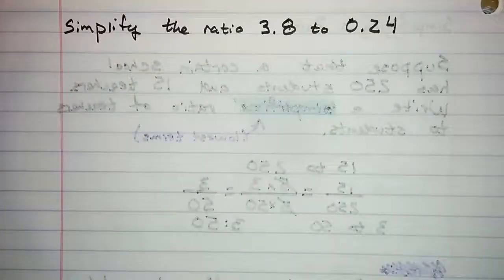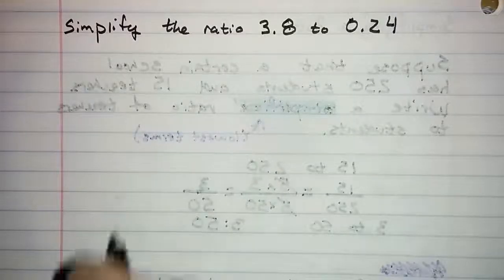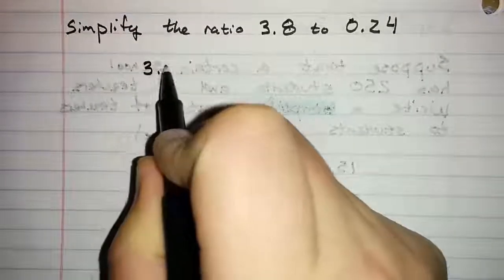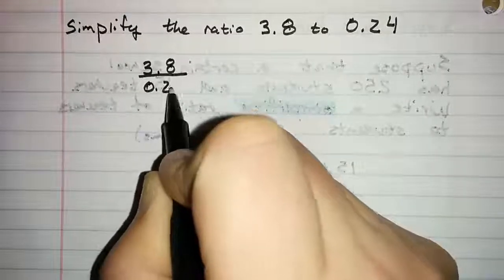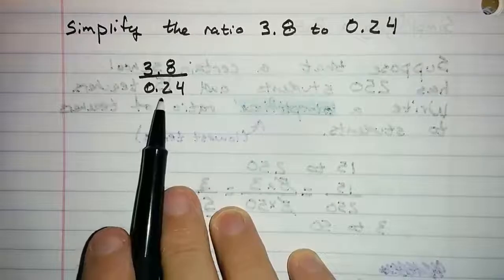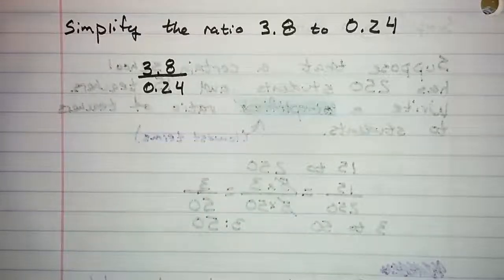Say if we wanted to simplify the ratio 3.8 to 0.24. Well, in fraction notation, that's 3.8 over 0.24. The easiest way to make this denominator a whole number is to multiply it by a power of 10.